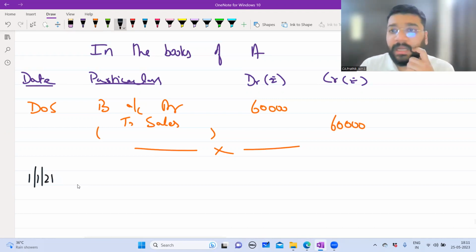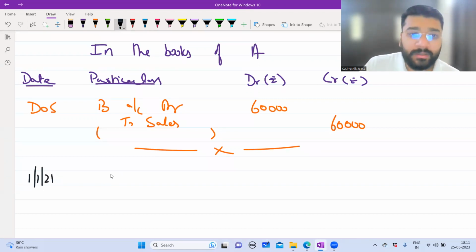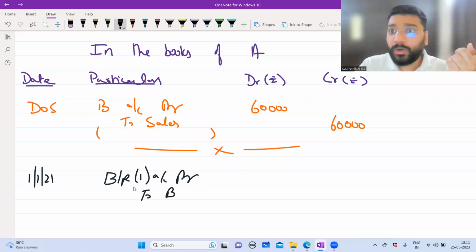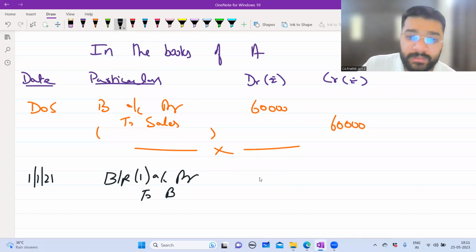So what is happening, guys, on the date of executing the bill of exchange? The bills debtor is cancelled, and in place of that a bill receivable is created. So bills receivable account debit to B. In brackets I'm putting 1, because this is the old bill, and later we'll have bills receivable 2, which is a new bill. This is only for knowledge purpose. So this is 60,000.